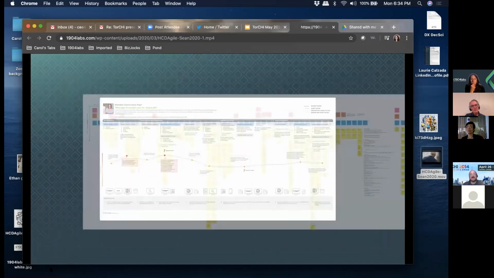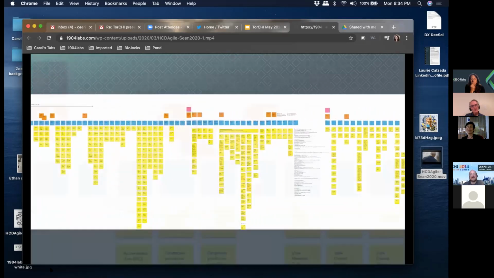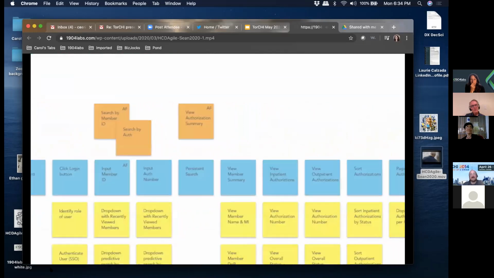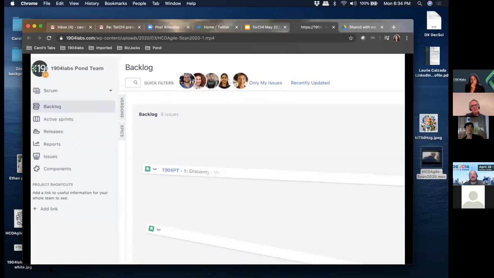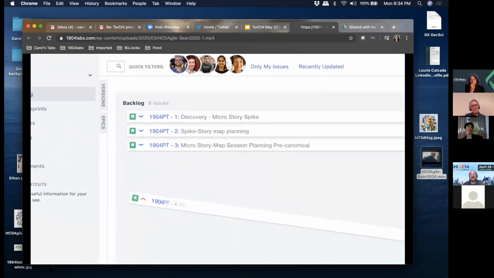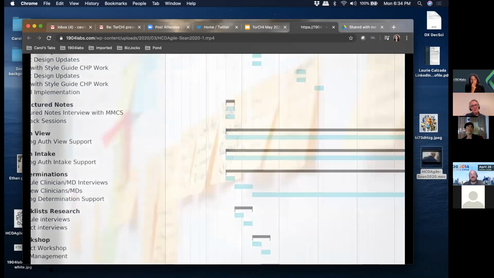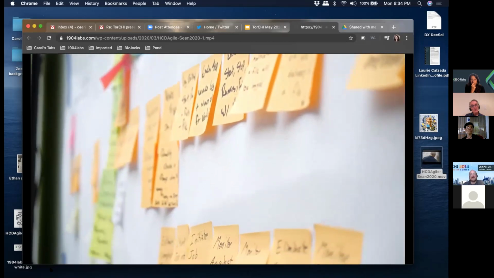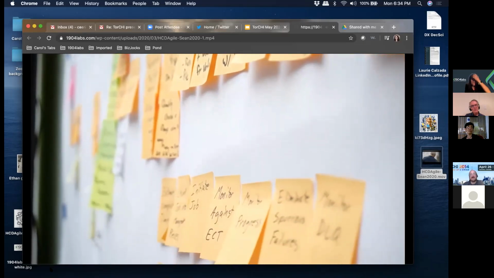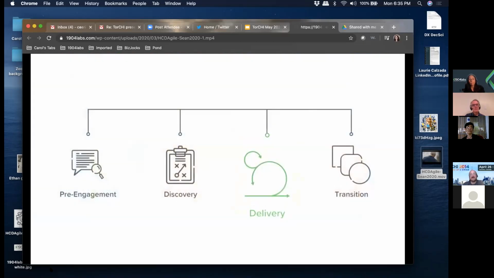That understanding carries through to the story map, which is the foundation for the initial product backlog and triggers the next step, laying down the product roadmap. In short, we create a shared vision with our client for the solution and lay the groundwork for building that solution. Delivery is the next phase where we bring the shared vision to life.